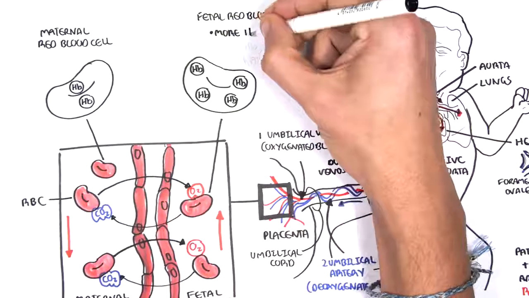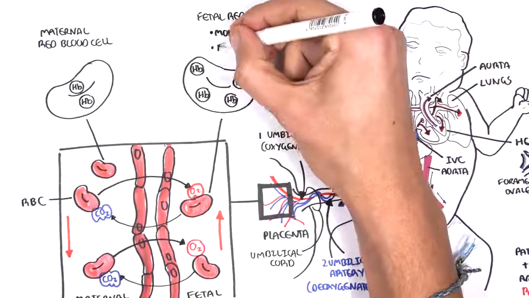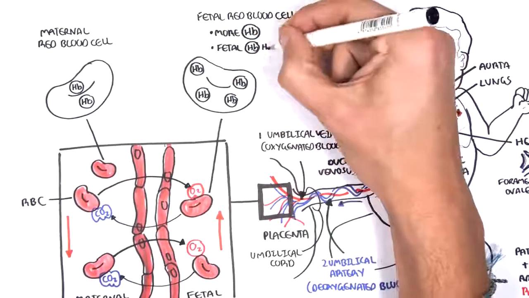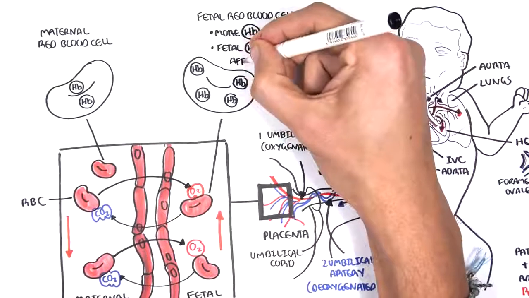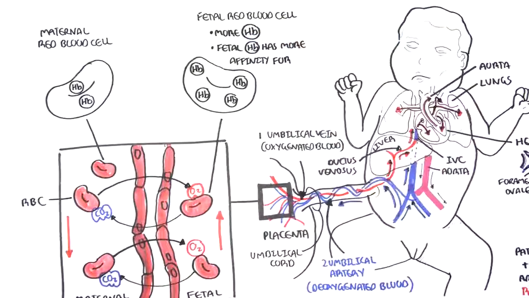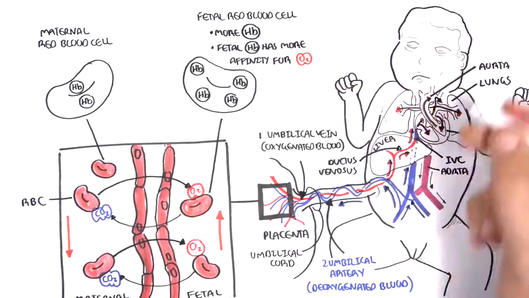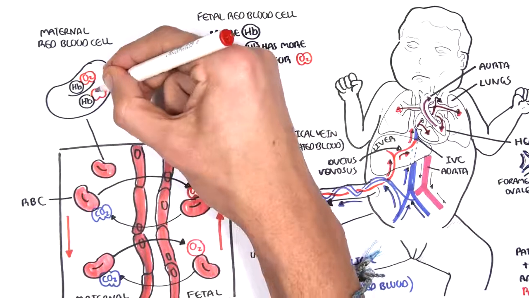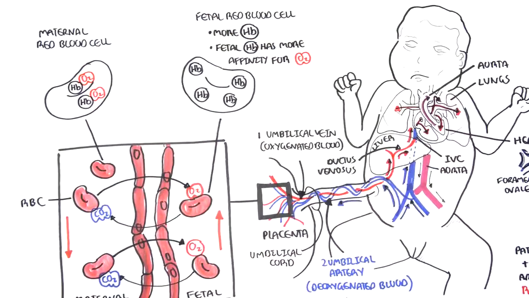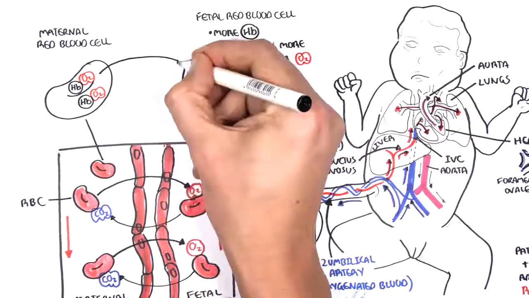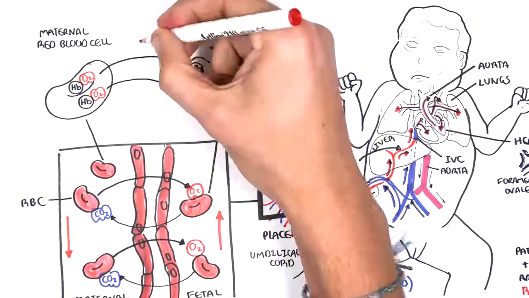But in the fetal red blood cells, there are actually more hemoglobin molecules, and the fetal hemoglobin has more affinity for oxygen. And this has to do with the genes that are active early on in the fetus. Anyway, this is the reason why oxygen is usually taken from the maternal red blood cells and into fetal red blood cells.